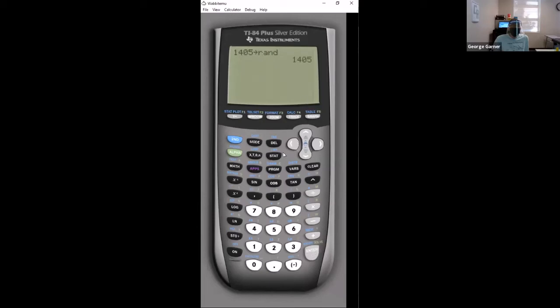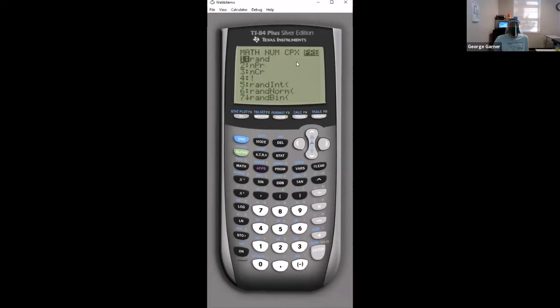Okay, so go back into math, over to probability, and hit enter. Oops, I'm sorry, that's not what I want. So math, probability, and then down to random integer, it just moved on me. And the same thing: 0, and then the comma is right above the 7 key here, up to 9, comma, 20 numbers.